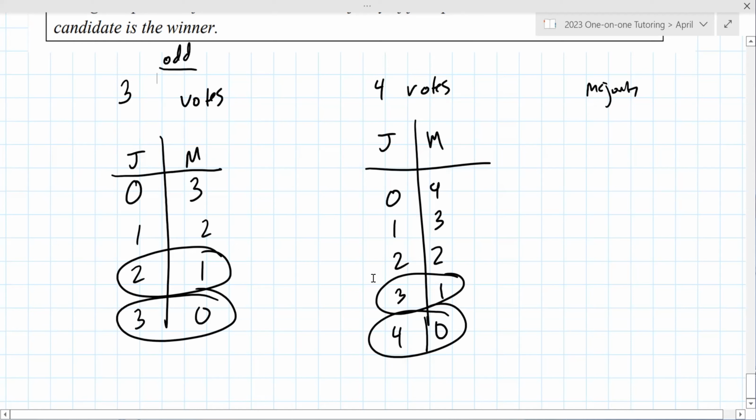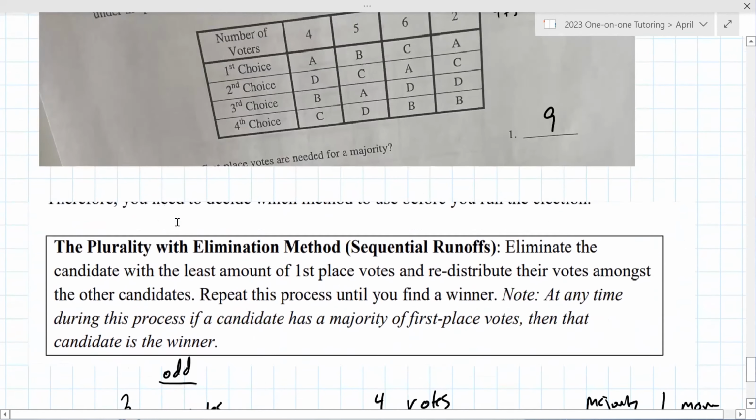So majority literally means, at a minimum, one more than the other. Like 2 versus 1, you've got one more than me. That's enough. That's a majority. That's the typical voting system in this country.